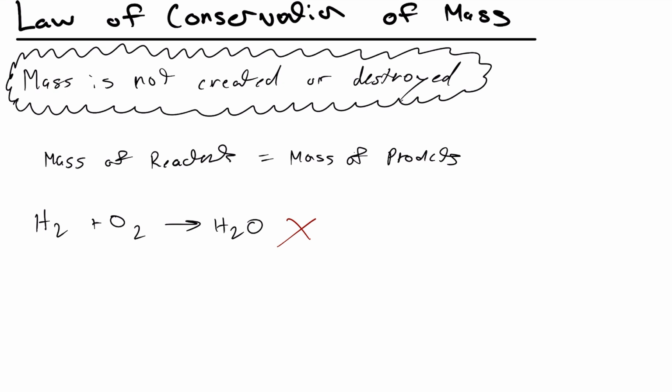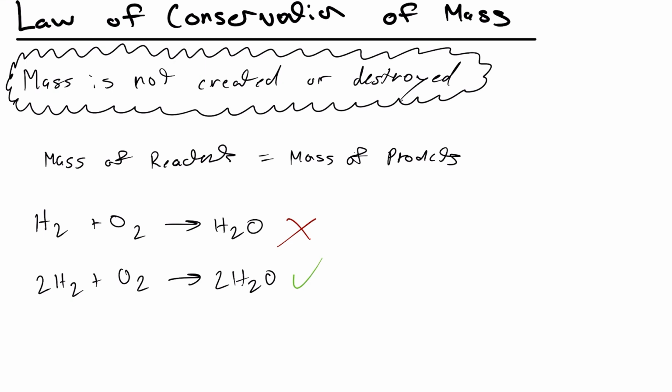The correct balancing would be 2H2 plus O2 goes to 2H2O. And so in the unbalanced version, it looks like mass is lost. But when we balance it, we see the number of atoms, and therefore the mass, is the same on both sides. So the second example here would follow the law of conservation of mass.